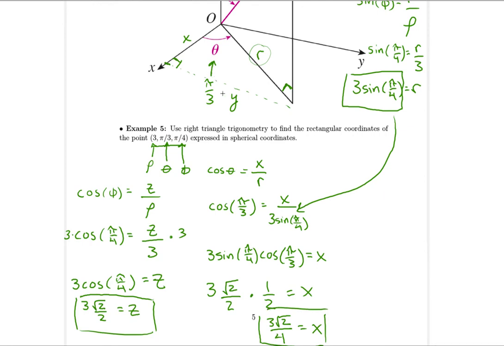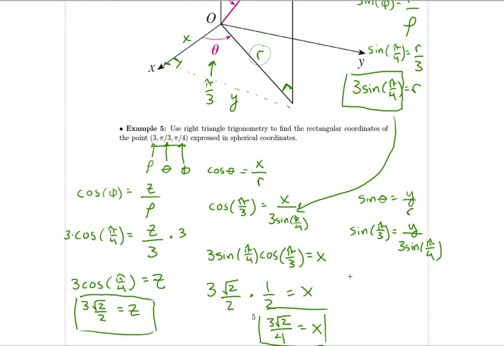Y, though, is going to relate to theta by saying the sine of theta equals y over r. Okay, but then we know that the sine of pi over 3 is equal to y over, it's the same r as last time, 3 sine pi over 4.